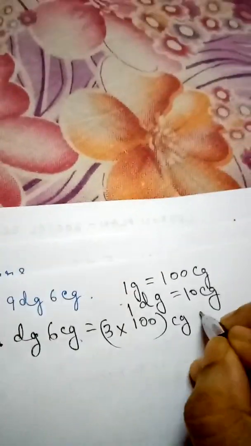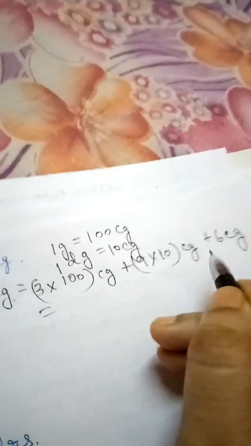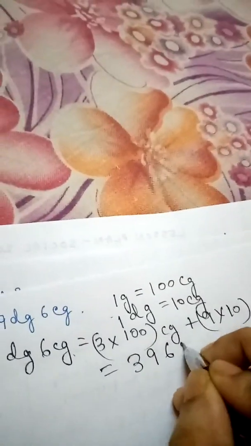So 3 gram equal to 3 into 100 centigram plus 9 into 10 centigram plus 6 centigram. So what is the total of this? 300 centigram plus 90 centigram plus 6 centigram, that is 396 centigram.